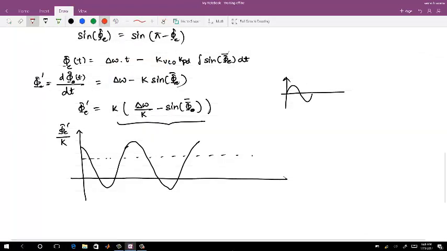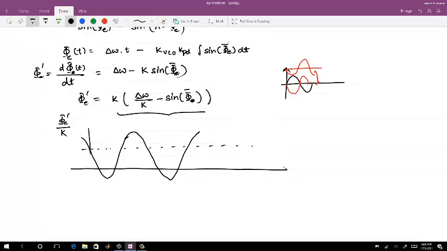The negative of sine phi e is this, and I added delta omega by K. So this particular thing becomes something like this.